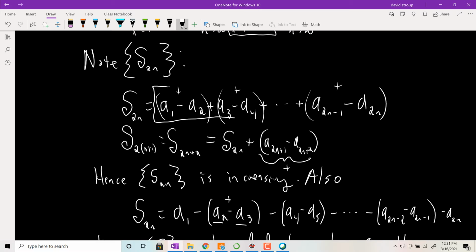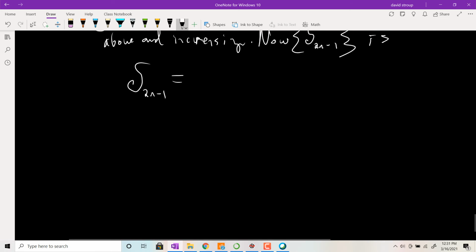Well, it's just s sub 2n minus 1 minus a sub 2n. So if you add a sub 2n to both sides of that statement, s sub 2n minus 1 will be s sub 2n plus a sub 2n.